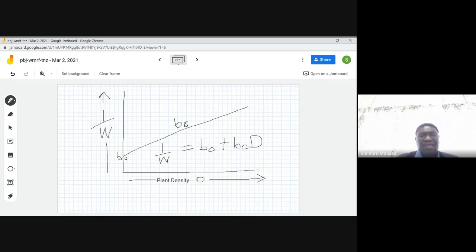So this is very important because this model could now be used to assess competition in the addition series experiment. So we are mostly interested in this.